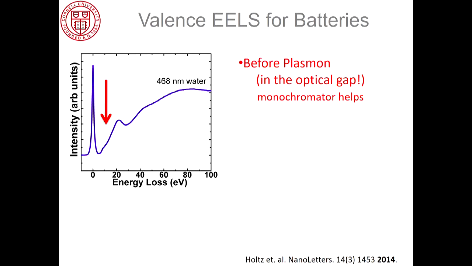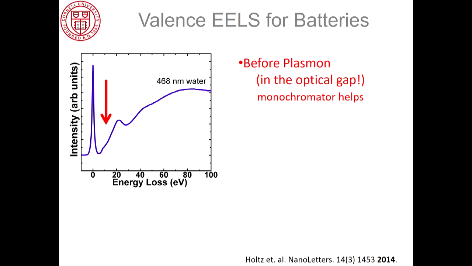We're also able to get chemical information in situ. One of the tricks is, in very thick liquids, it's hard to do core level spectroscopy because of multiple scattering. But most of my electrolytes have large band gaps. Most of my battery materials have interesting electronic transitions that lie inside that band gap.